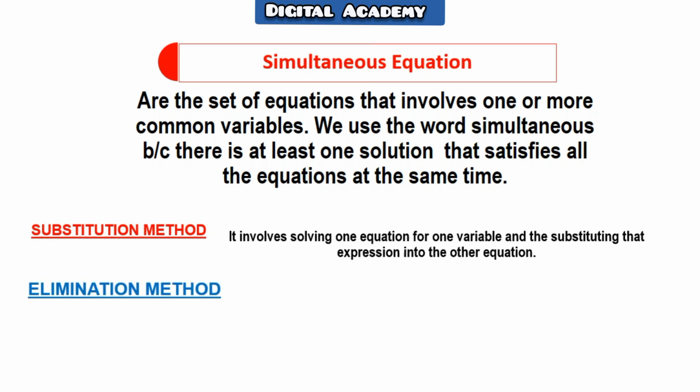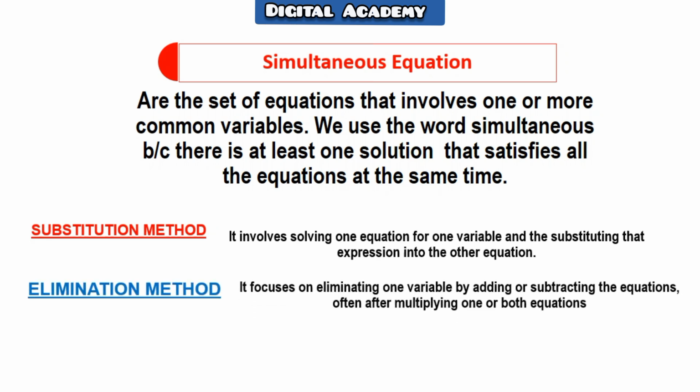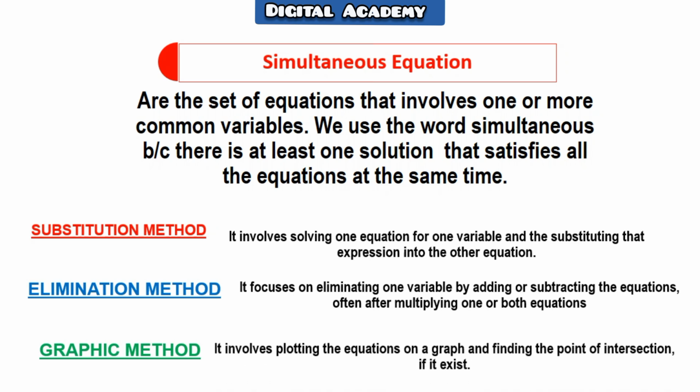This method focuses on eliminating one variable by adding or subtracting the equations, often after multiplying one or both equations by a suitable constant. 3. Graphing method. This method involves plotting the equations on a graph and finding the point of intersection, if it exists, which represents the solution.